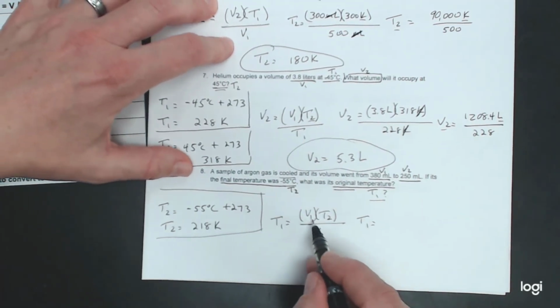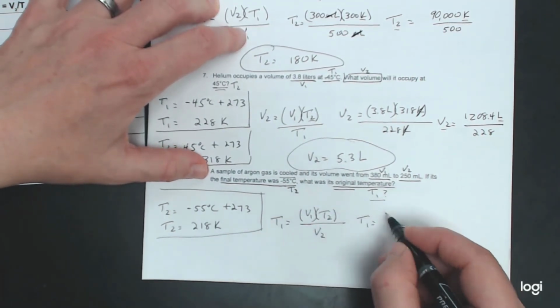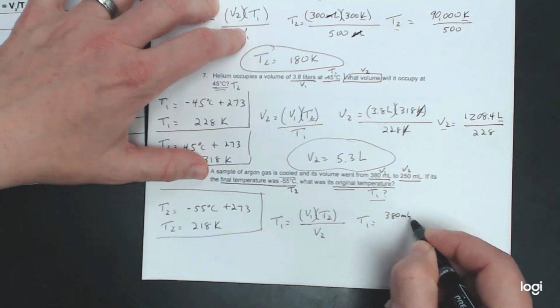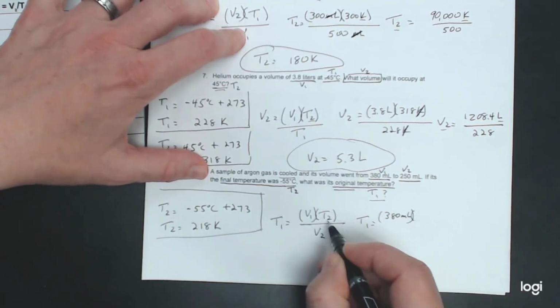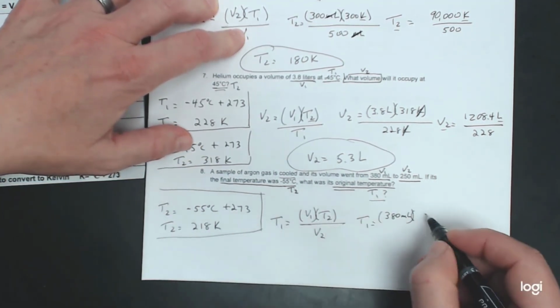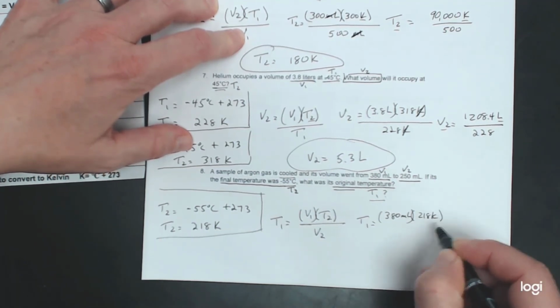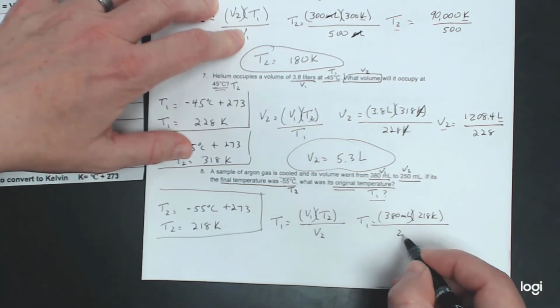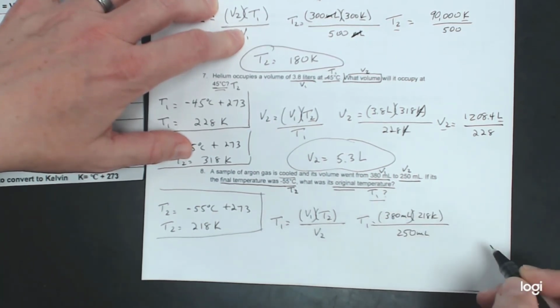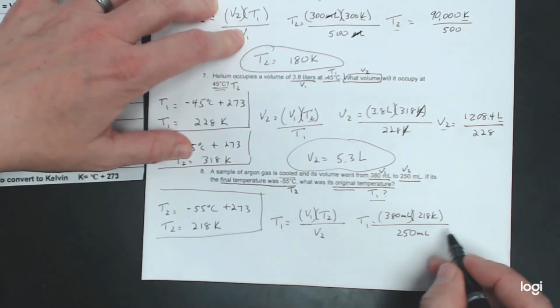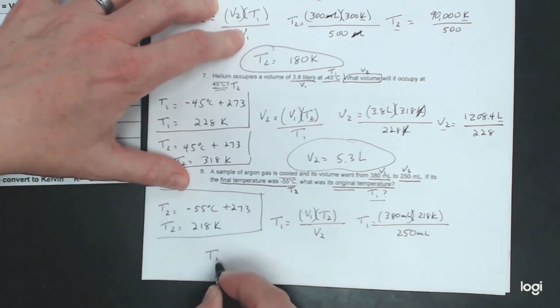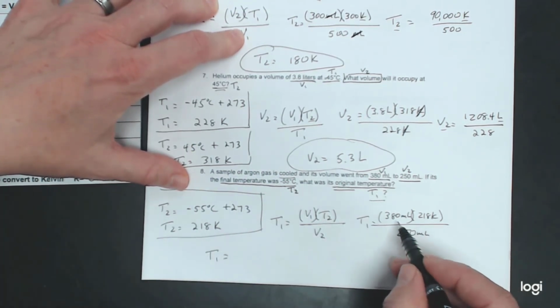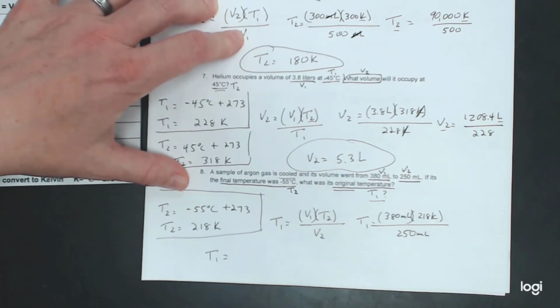T1 equals volume 1, which is 380 milliliters, times T2, which we figured out is 218 K, over my second volume, or V2, which is 250 milliliters. I'm kind of out of room, so I'm going to go ahead and bring it down here. So T1, we're going to multiply these two together, 380 times 218.